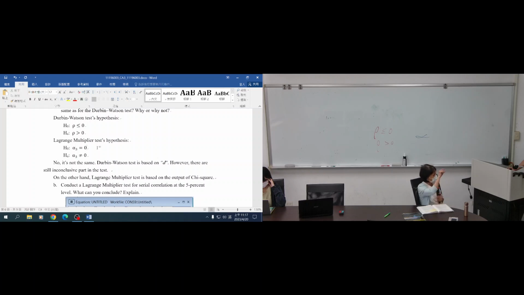So you have to write down the model first in order to write the notation for the Lagrange multiplier test. Otherwise, you just use words for the expression. That'll be fine.